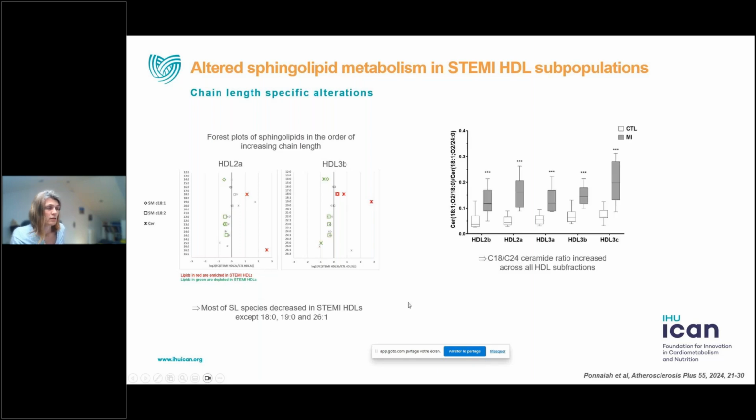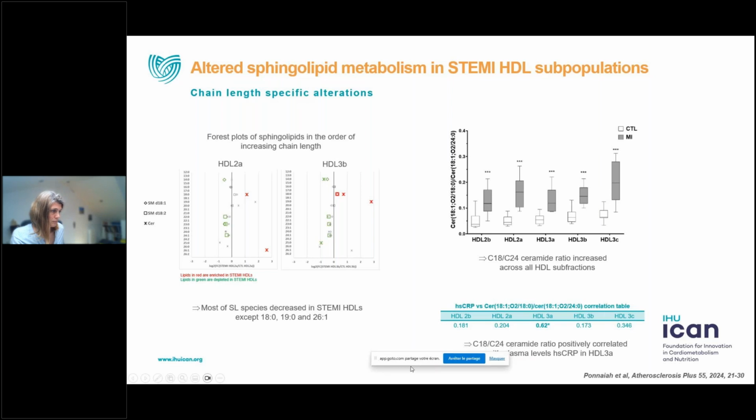And when we calculated the C18 to C24 ceramide ratio, which corresponds to the long to very long ratio, we had a significant increase across the HDL subpopulations. Interestingly, this was correlated with CRP protein, an inflammatory protein, in HDL 3A, and it showed a tendency in all the other subpopulations.